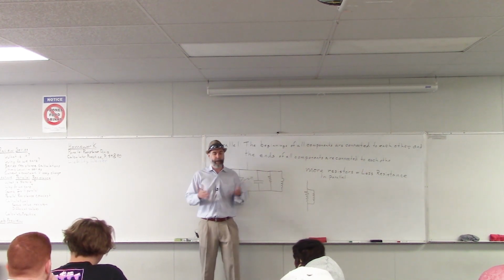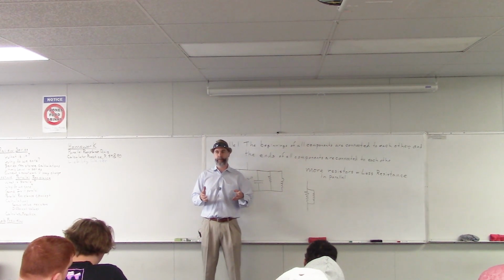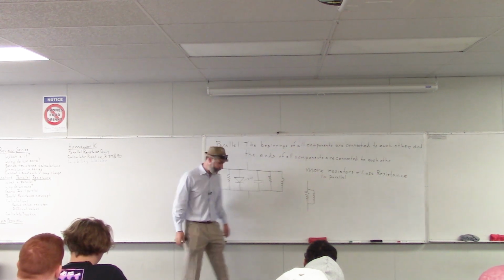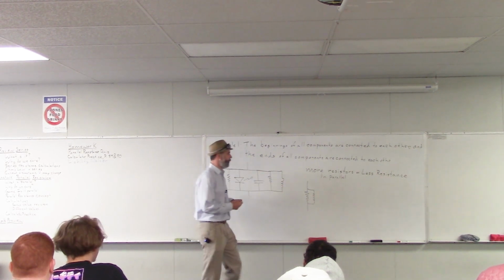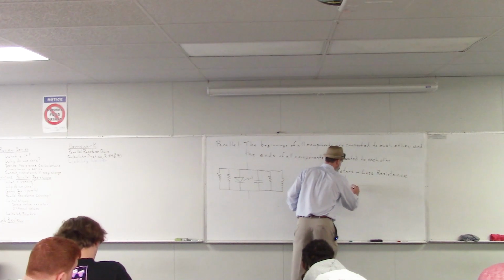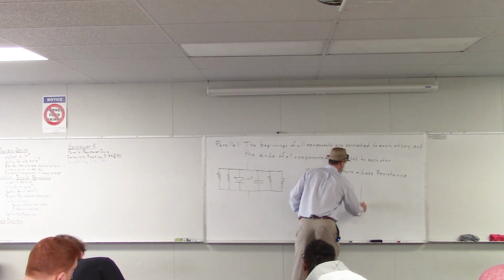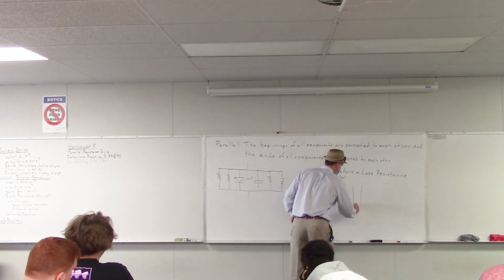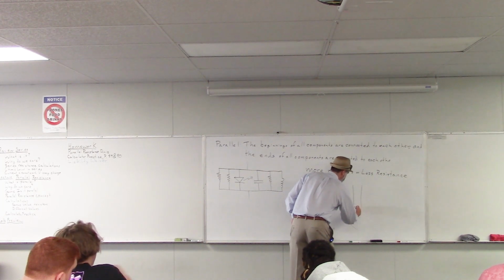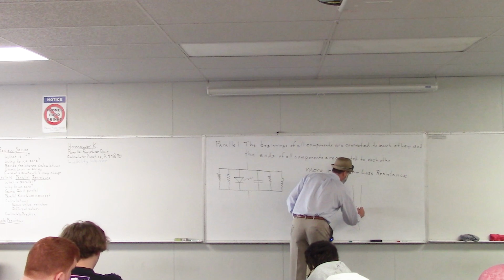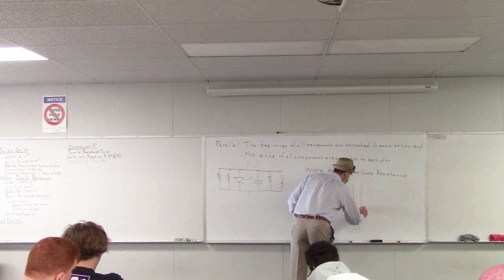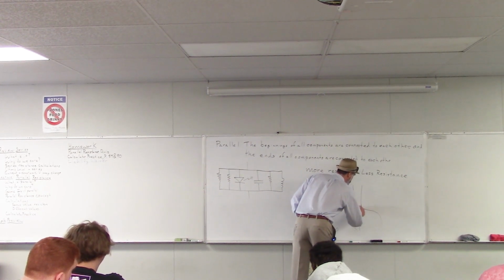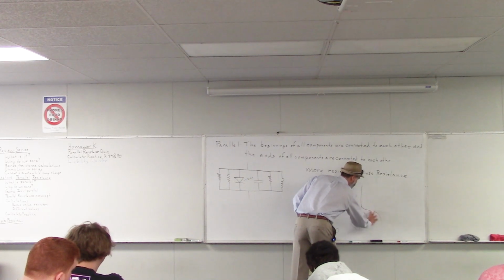So you can think about it again like water flowing through a stream. Imagine you have water flowing down, and you got this big river, and then it comes to a fork, and one side of the fork is kind of narrow, and then the other side of the fork is kind of a wide open path.